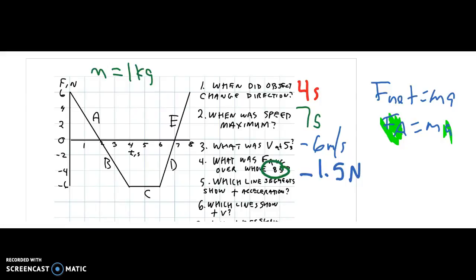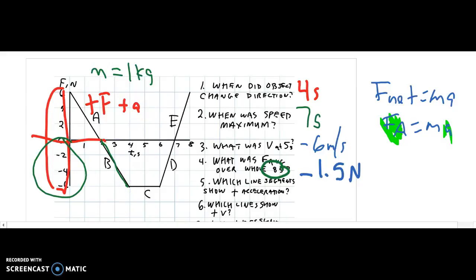Okay, if it asks for force, you just read the y-axis. So anything above this will have a positive force, and then a positive acceleration. Right? This one, the line's in the same direction, but we're ignoring that. We're just looking over here. This has a negative force, so a negative acceleration.